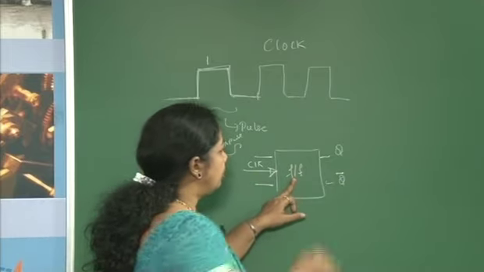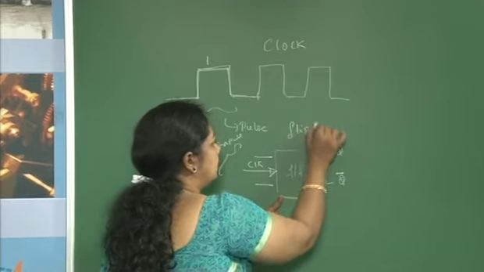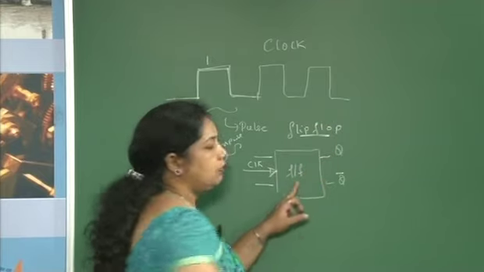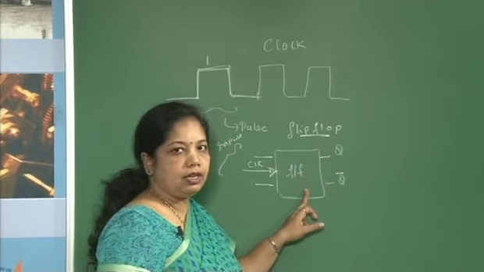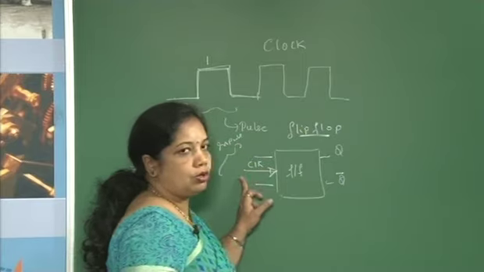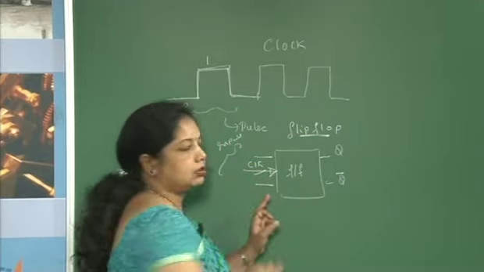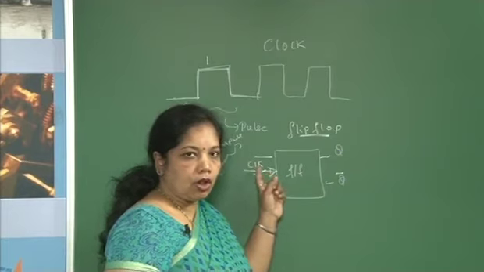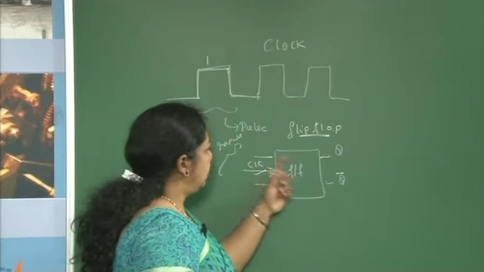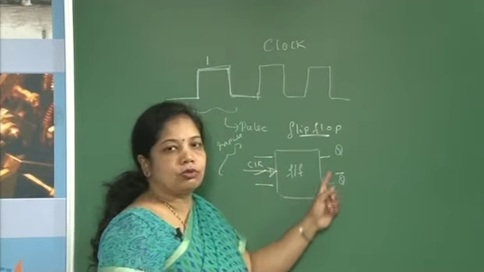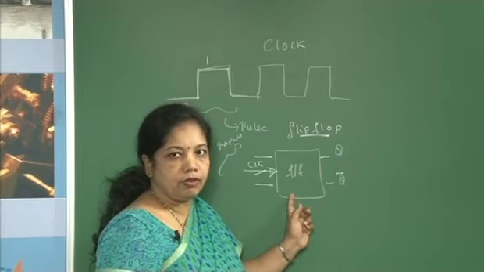This flip-flop will respond to these inputs only at the clock. Whenever I apply the clock, only then does it respond to the inputs and produce outputs. This is the case for a flip-flop.